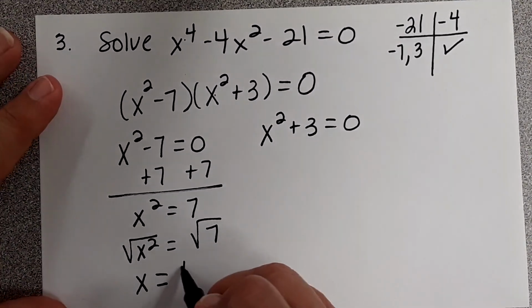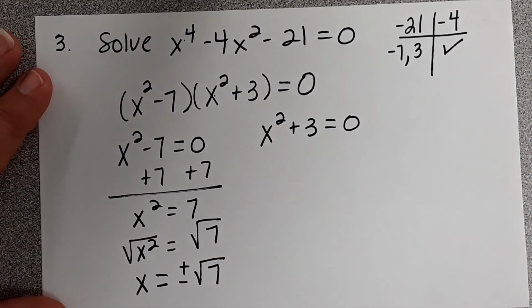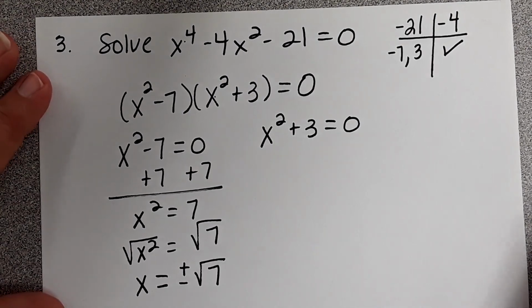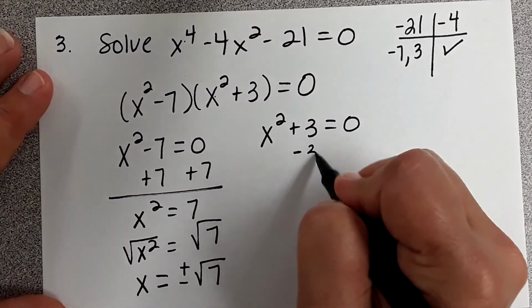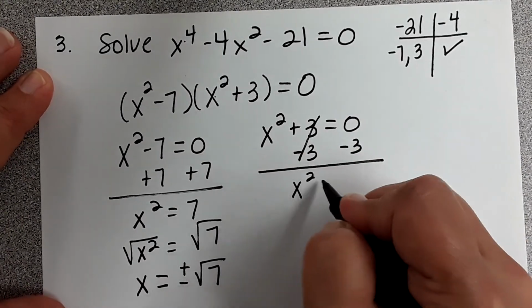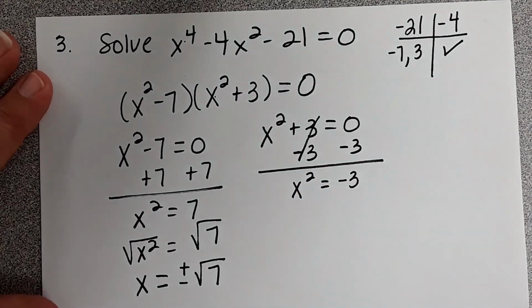So this becomes plus minus the square root of 7. Okay, x squared plus 3. What do we do? Now, what do I do?